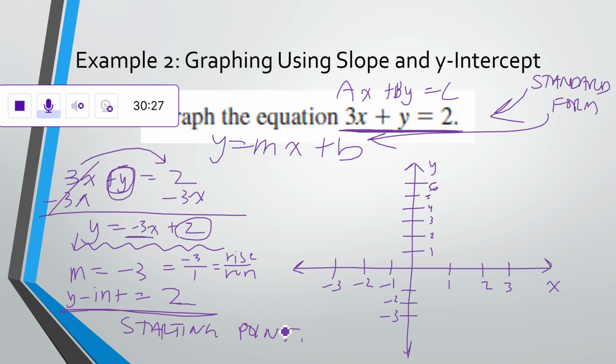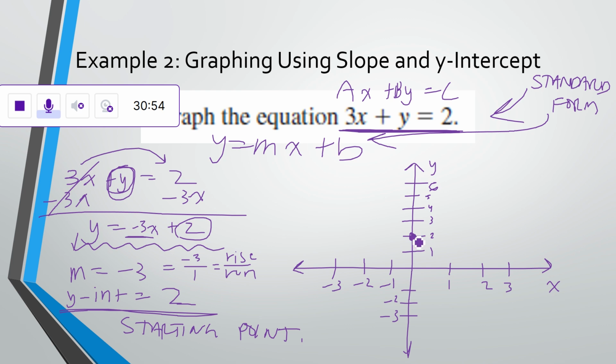We want to use this as our starting point. So what should we do? We should find where positive 2 is along the y-axis. So wherever 2 is, this will be our new starting point. Now we'll go ahead and use our slope to give us some sort of direction. Where should we go, left or right? How would the line look? In this case, if we're just starting from here and using rise over run, this means that we are rising, or rather falling, 3 units down.